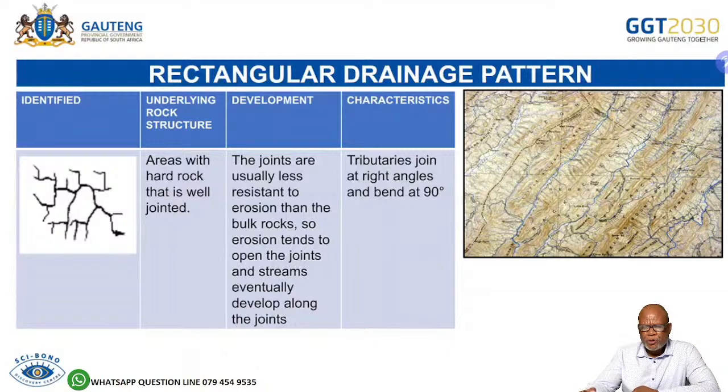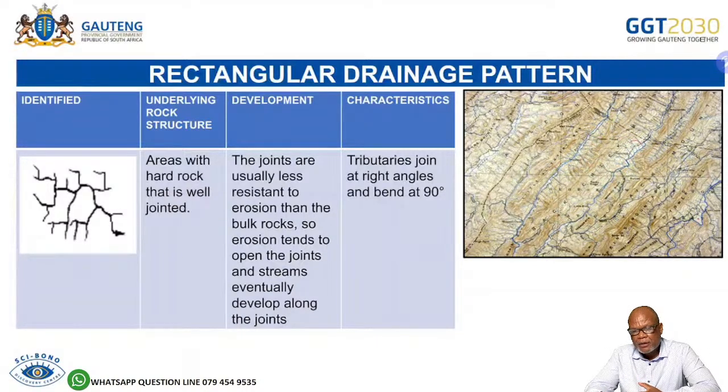So a rectangular pattern on a topographical map will look more like this. So what is happening here? You can see the area is dominantly brown. Why is it dominantly brown here? Because there are too many contour lines here showing that the area is very steep.